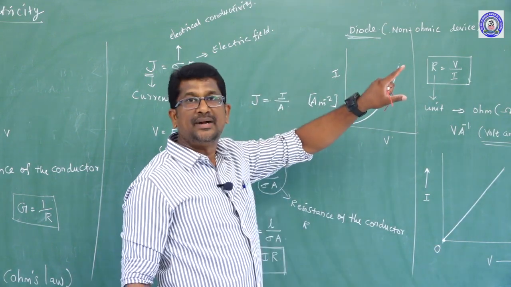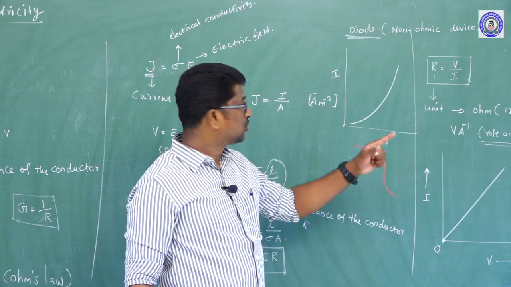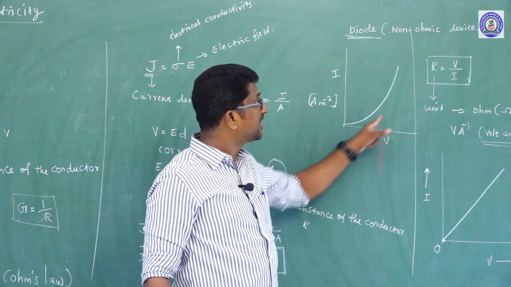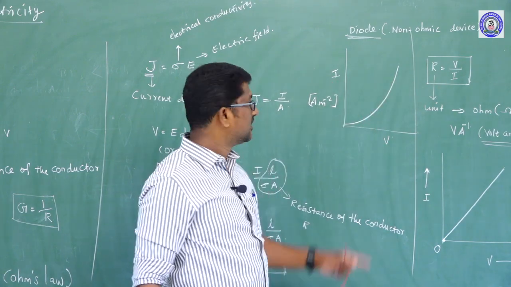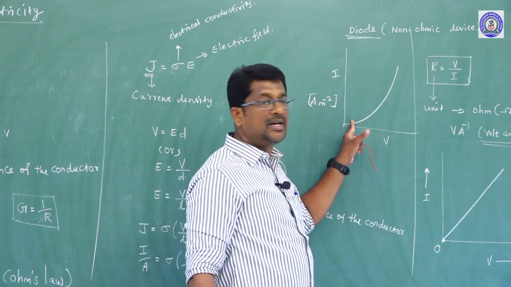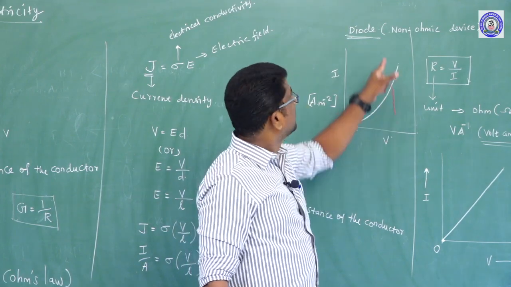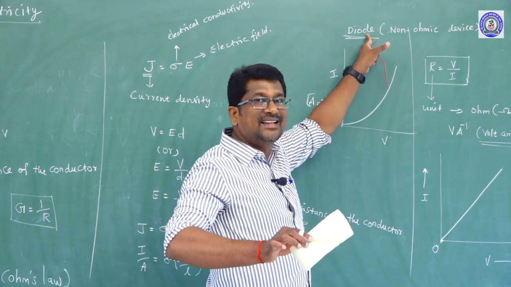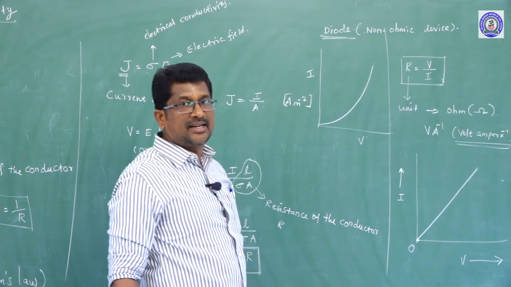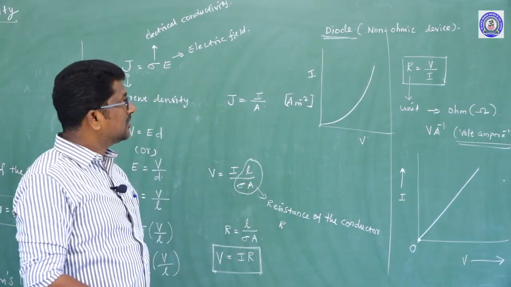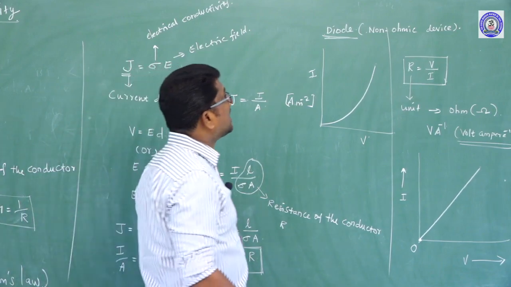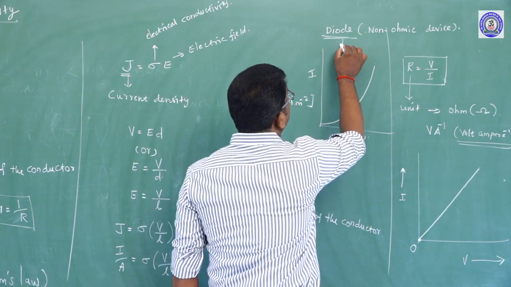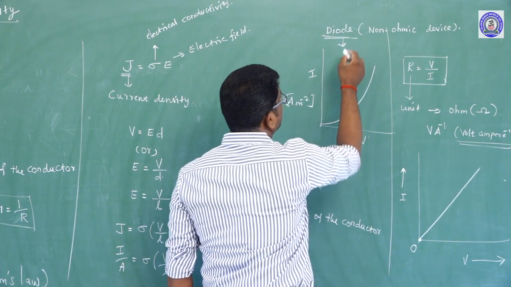But the non-ohmic material does not obey Ohm's law. So, that is why the nature of the graph is not a straight line. Instead, it is a curved line. It shows the diode conducts electricity non-linearly. Okay, this is because the resistance of the diode is not constant.